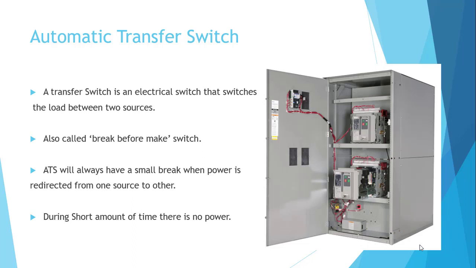What does this mean? This means that ATS will always have a small break when the power is redirected from one source to the other. This actually means that there is no power for a short amount of time.